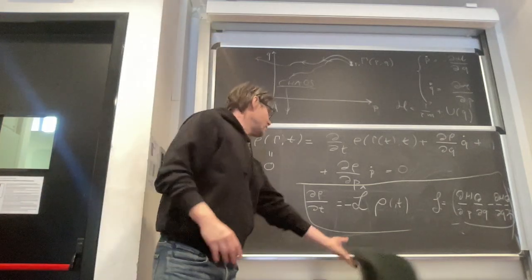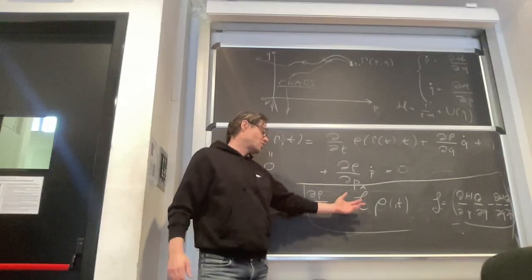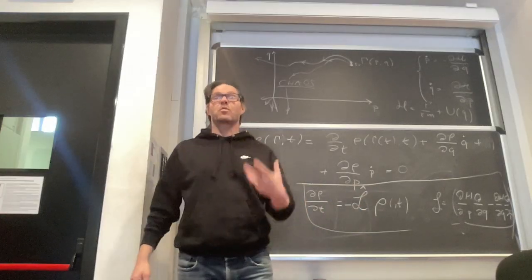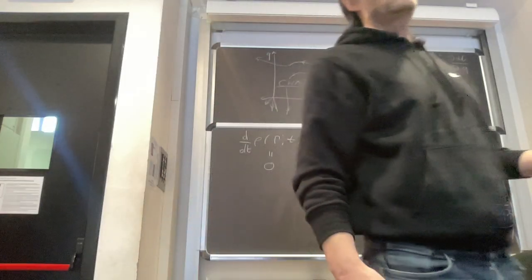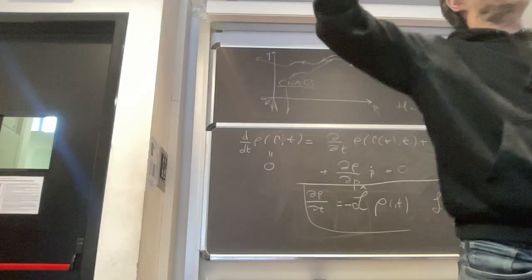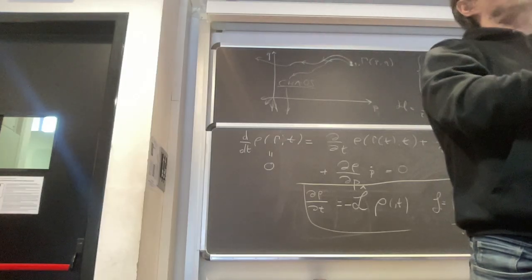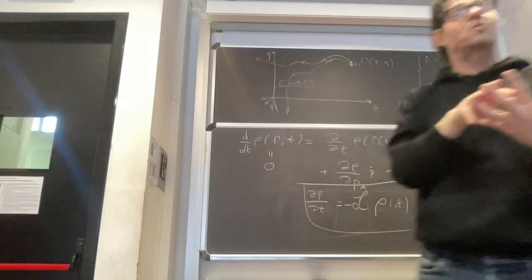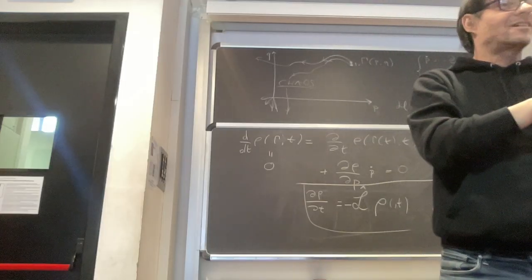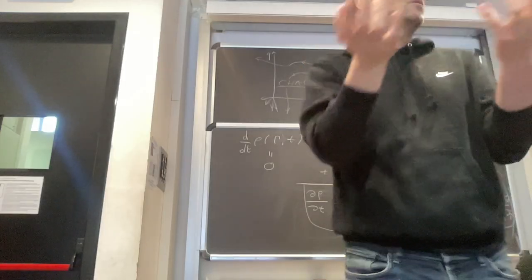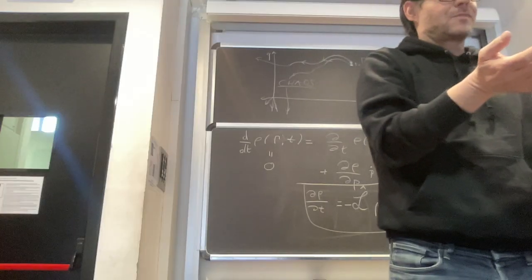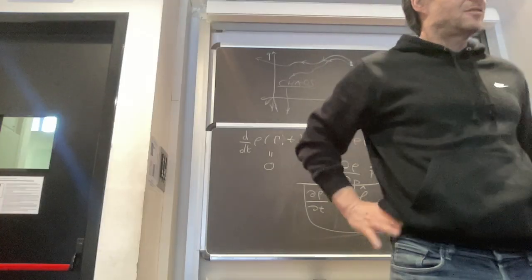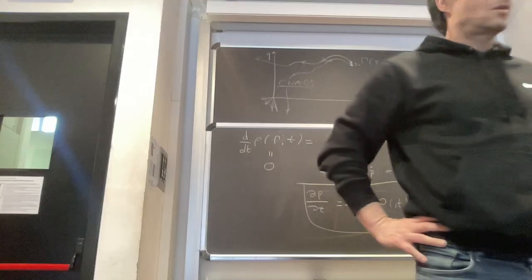In statistical physics, we have an intrinsic probability because we start off with a distribution of initial conditions, and each initial condition is deterministic. Each evolution is deterministic, but since the initial conditions were not deterministic, the next state of the system will not be deterministic. So I have an evolution of a probability. Okay?